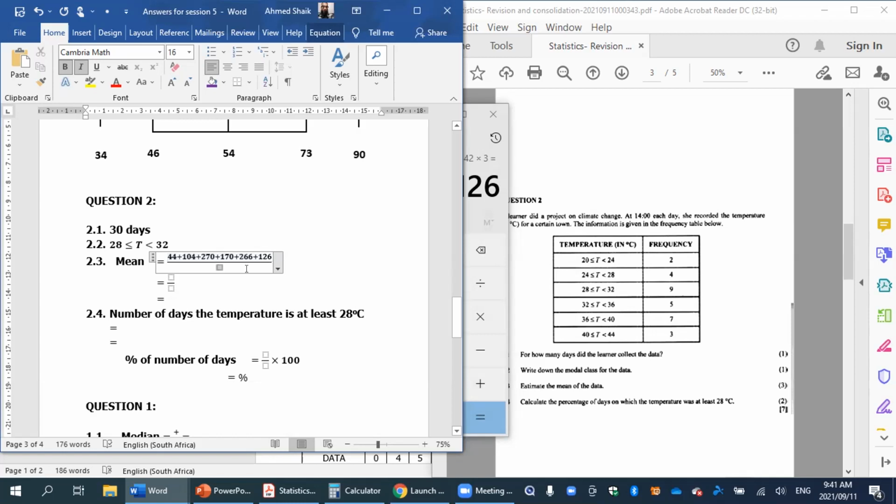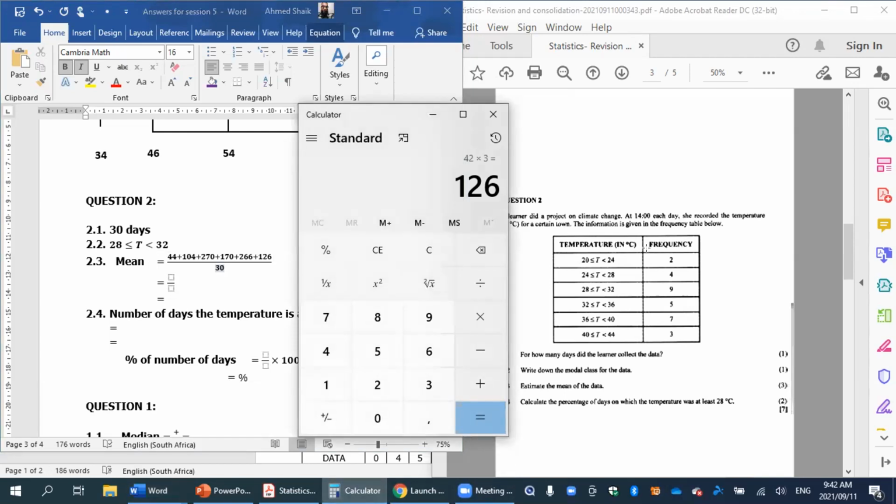We've already calculated how many values are in our data set. It was 30 days, so let's calculate the sum divided by 30. So we've got 44 plus 104 plus 270 plus 170 plus 266 plus 126. And that gives me a total of 980 divided by 30 data values.